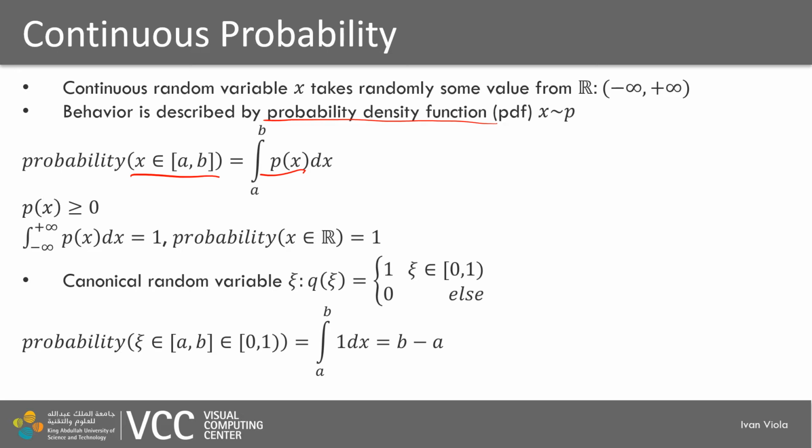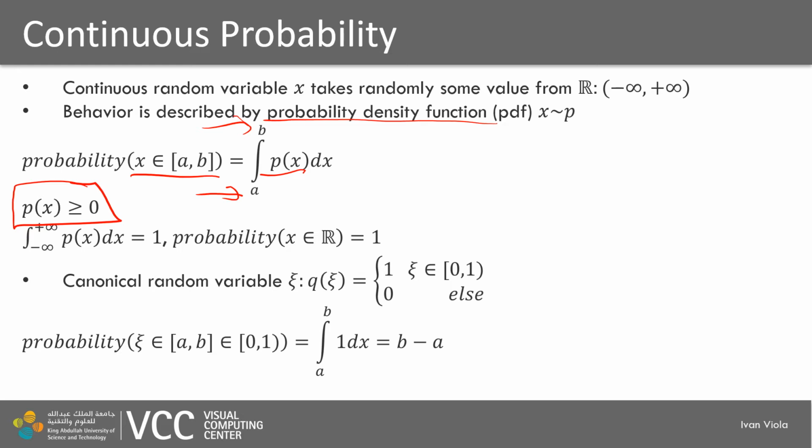So this is the range which we are talking about here, a to b. The probability density function is always positive or equal to 0. So it's definitely a non-negative function over its entire range.